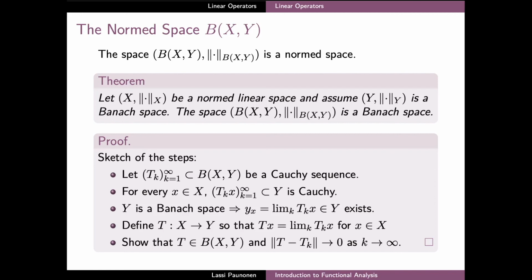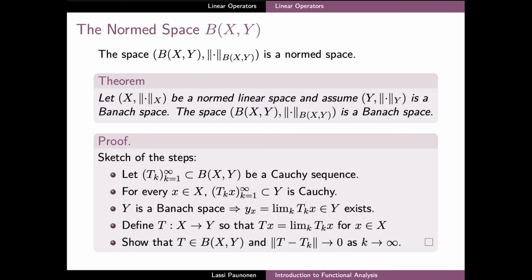and our guess is motivated by the fact that the limit T should definitely have the property that the images Tkx of a fixed vector x converge to the image Tx of the same vector x.